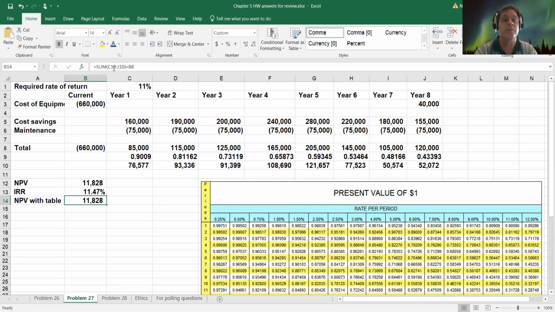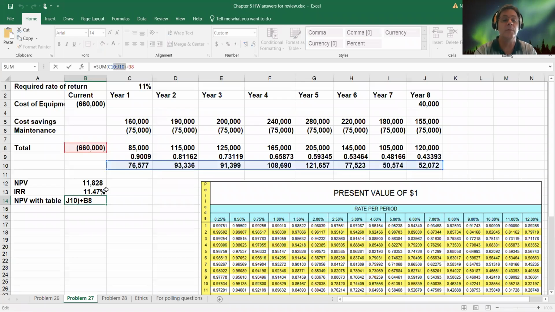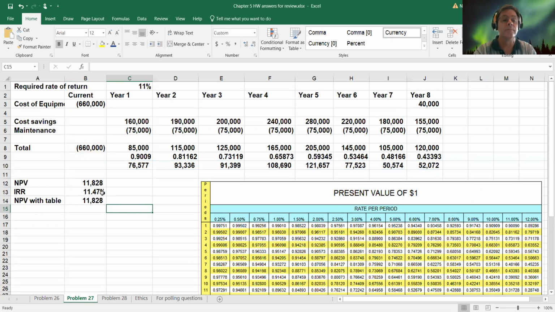If we did it with the table, notice when you look at the highlights, it's adding up these numbers after you multiply, before you subtract out the investment. So in this case, we got exactly the same result, either using the tables or using the NPV formula.